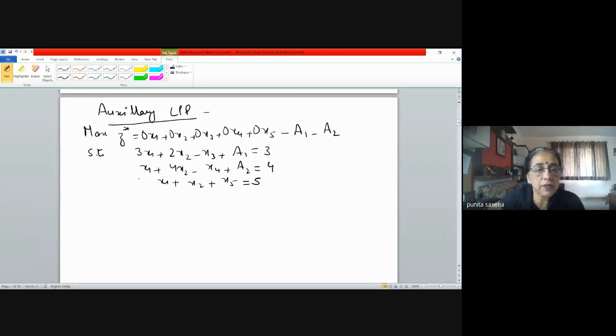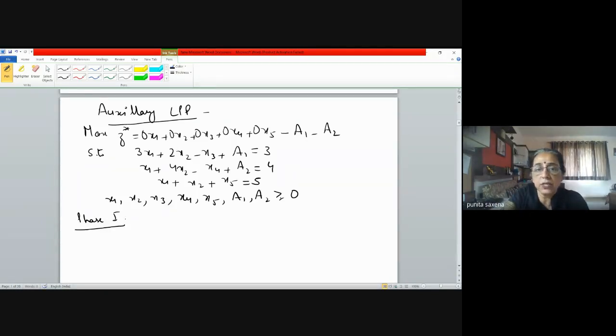We still have to mention x1, x2, x3, x4, x5, a1, a2 are all more than or equal to 0. Now we begin with solving phase 1 of our problem.